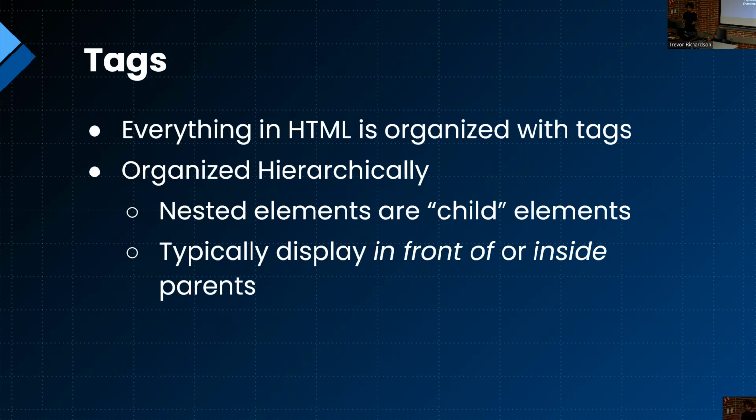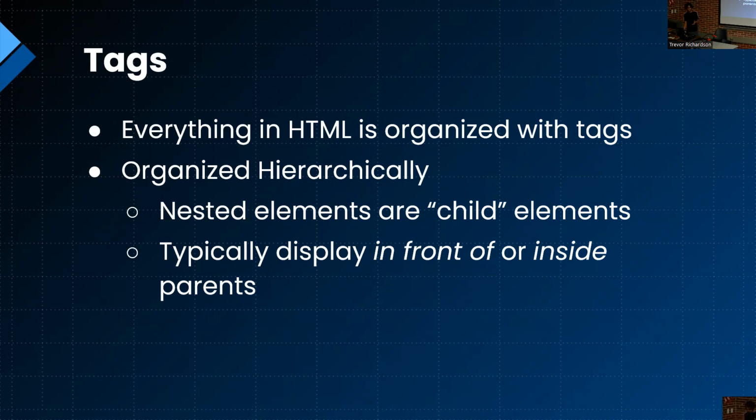Now, in the tag system, everything is organized hierarchically. So basically, any element that you see inside of another element is called a nested element, and you can think of it as a child of that element. Now, whenever you actually load that HTML to a page, a child element will typically display in front of or on or inside of a parent.